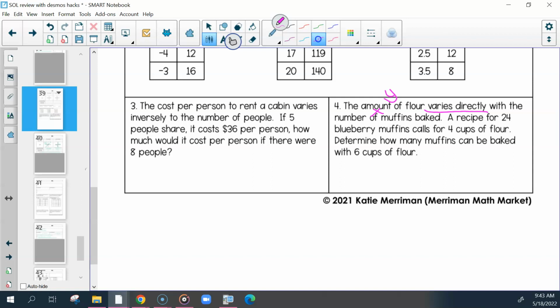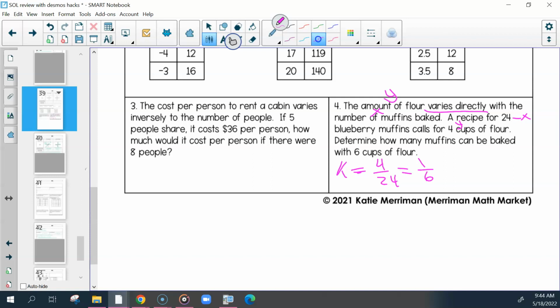Which of those numbers is X or Y? 24 is X and 4 is Y. So you can divide those two to find their K value. So 4 divided by 24, 1/6. So for every cup of flour, you can make 6 muffins.